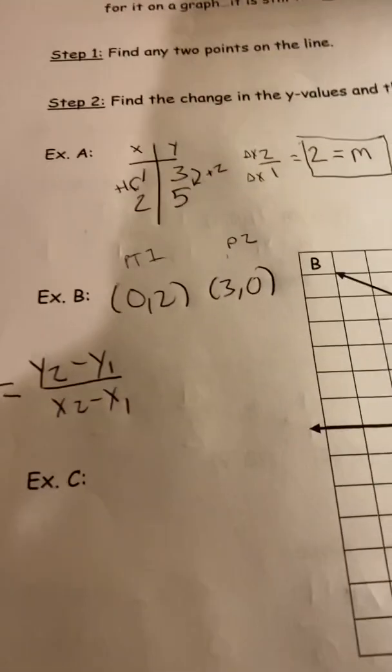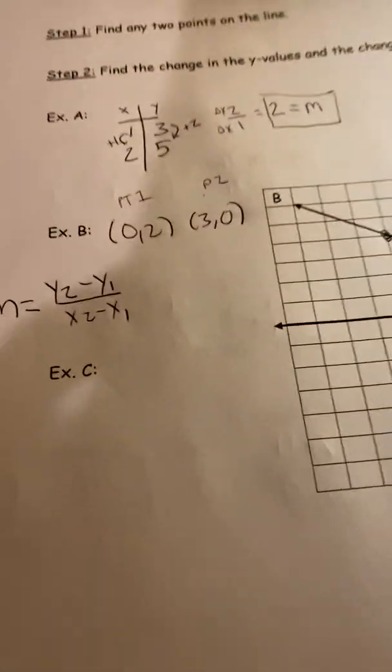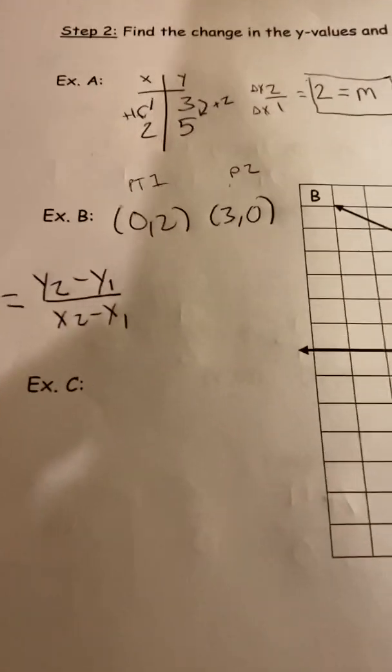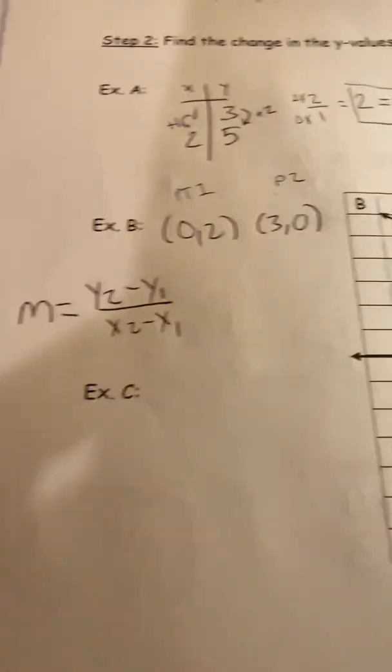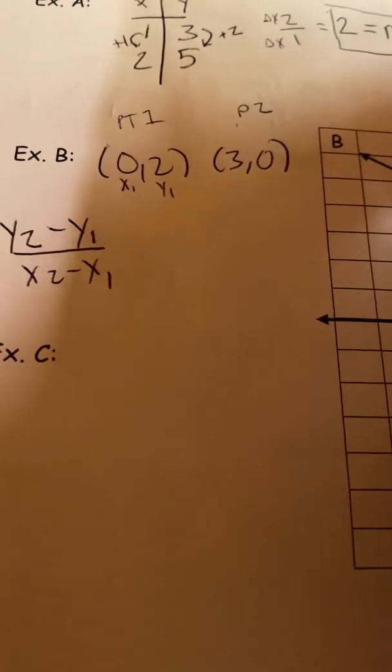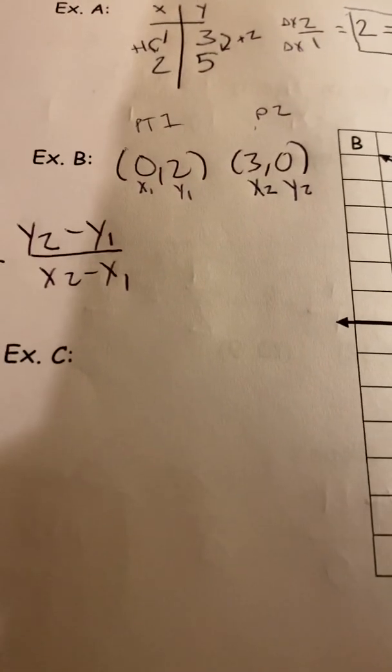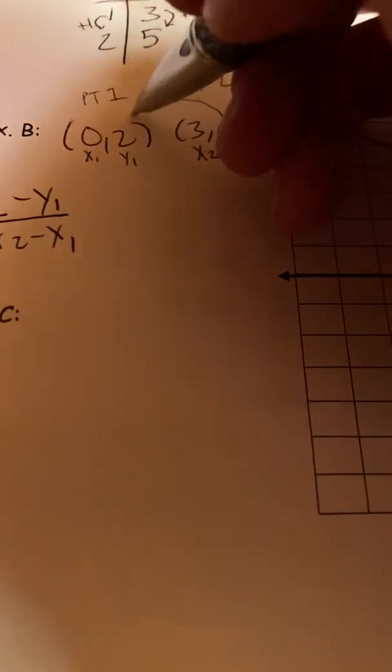Every single method we're using is just finding the vertical change compared to the horizontal, or the vertical component compared to the horizontal component. So however you get there, it doesn't really matter. So we're going to say this is x1, y1. This is x2, y2. And then you're just going to plug in the numbers. So we're going to do y2 minus y1.